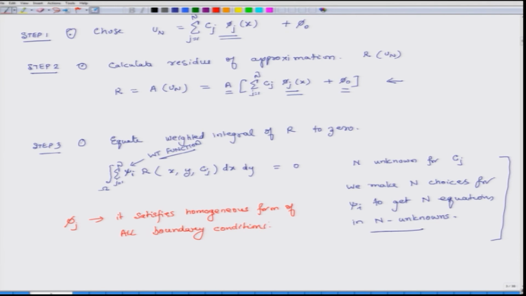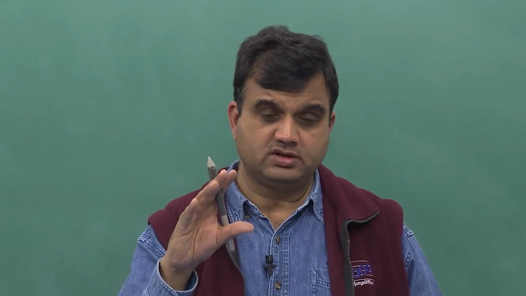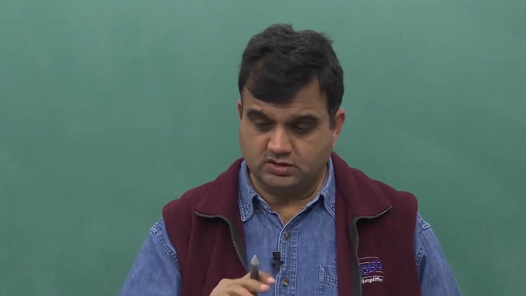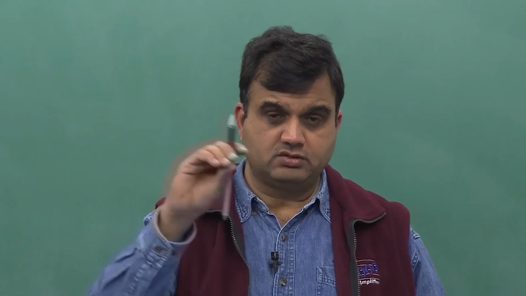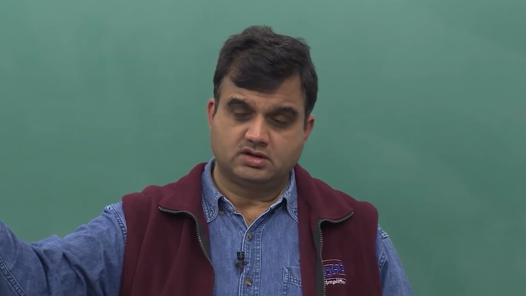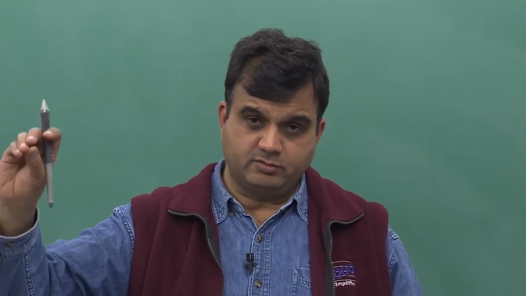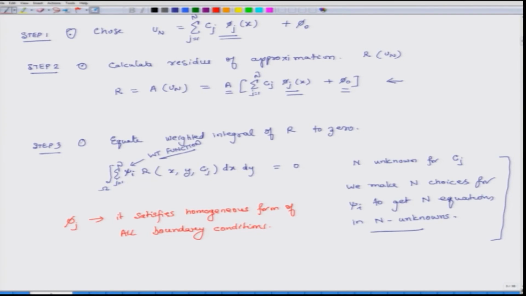So, all boundary conditions, not just natural or essential boundary conditions. Phi j should satisfy all boundary conditions, but only their homogeneous form. So, if u equals a non-zero constant, I replace that non-zero constant by 0, and phi j has to satisfy that boundary condition.